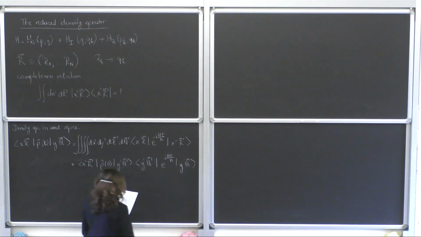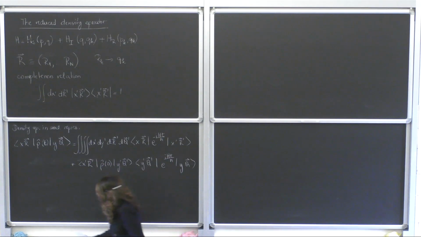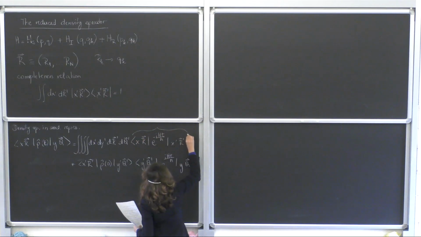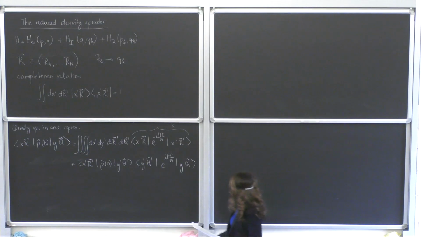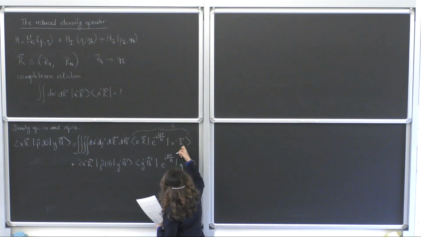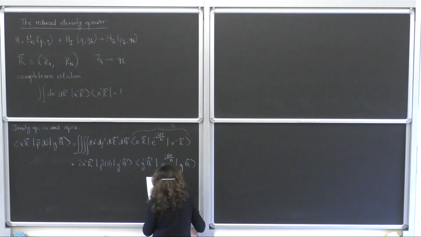Okay, when I do that, that's very nice because now I can recognize this as the Feynman propagator, K, that is propagating my system with the Hamiltonian H from this state to that.